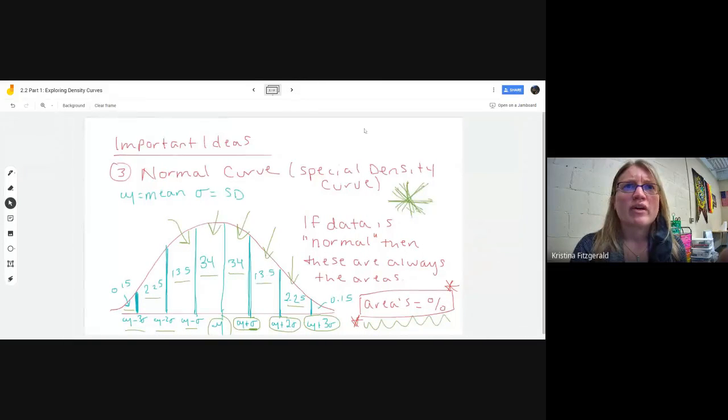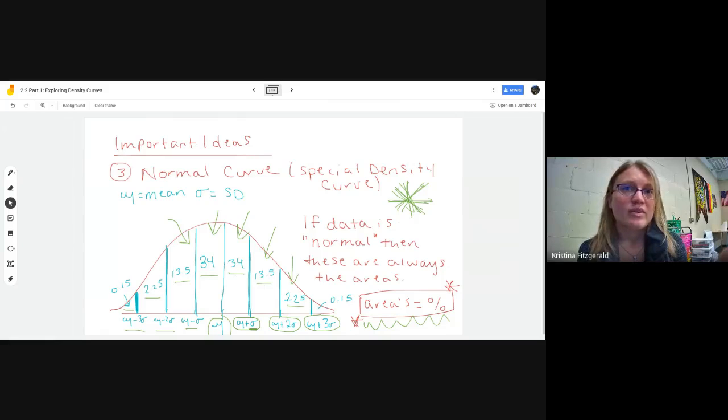The other important idea we had was the normal curve. In statistics, the special density curve that we always use, because a lot of data follows this bell curve pattern, is a normal distribution or a normal density curve.